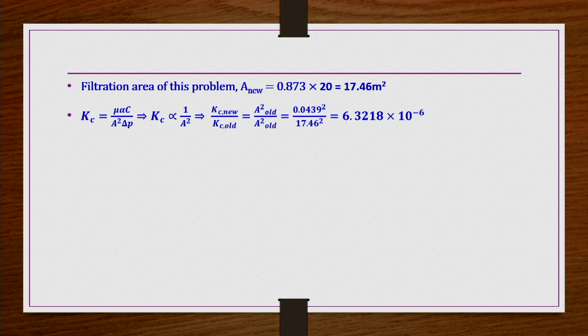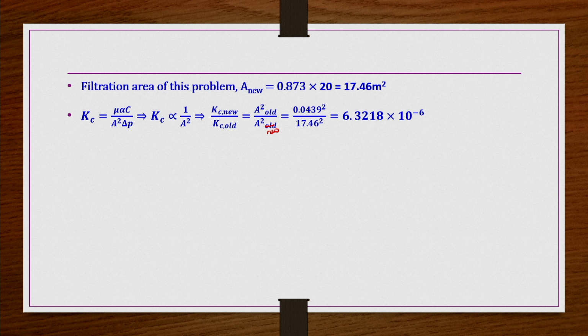So, Kc new by Kc old should be A square old by A square new, right. A old in the previous example, what is the area? 0.0439, squared, divided by the new area for this problem, 17.46, squared.